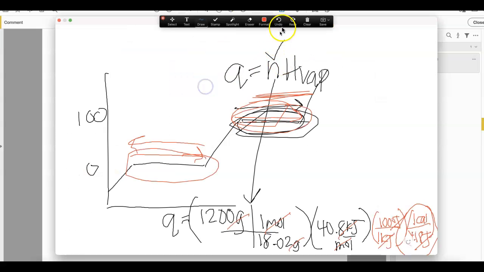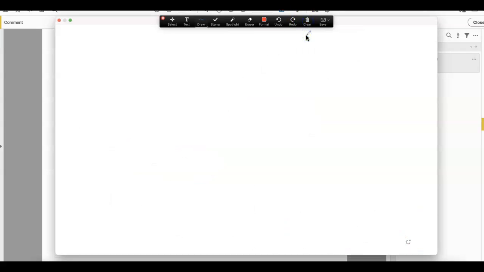So here's what I mean. 3.60 kilocalories. First of all, let's get rid of the kilo. 1 kilocalorie is 1,000, right? Kilo means 1,000. Joules, kilojoules, grams, kilograms. The kilo itself means 1,000 calories.